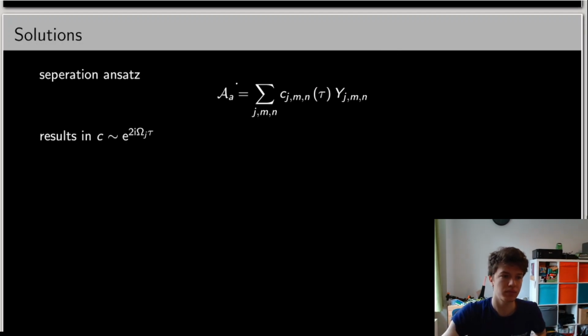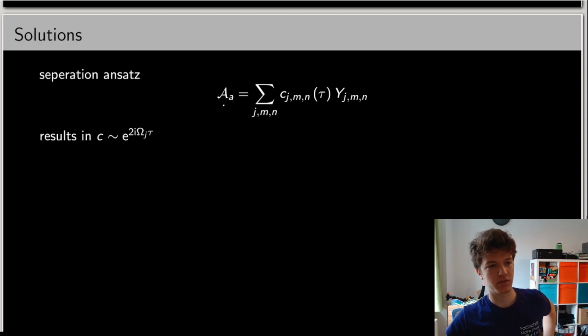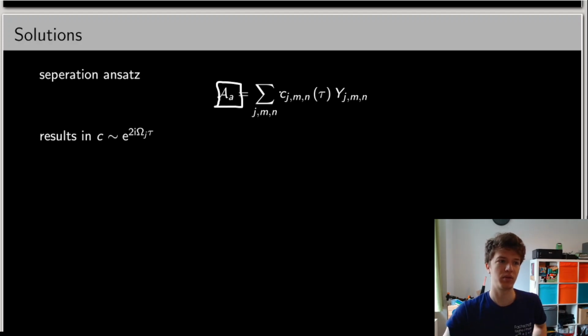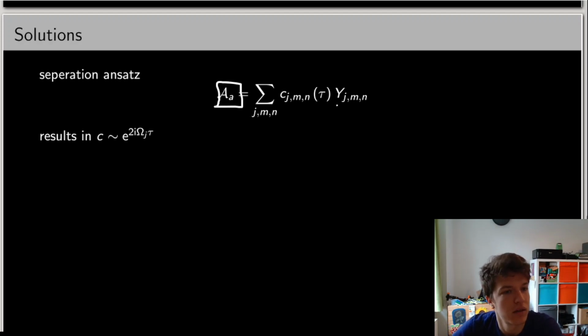And we remind ourselves now that we wanted to solve the equation from before, so we now want to express the potential components in the harmonics, and therefore we use a complex linear combination of those spherical harmonics.